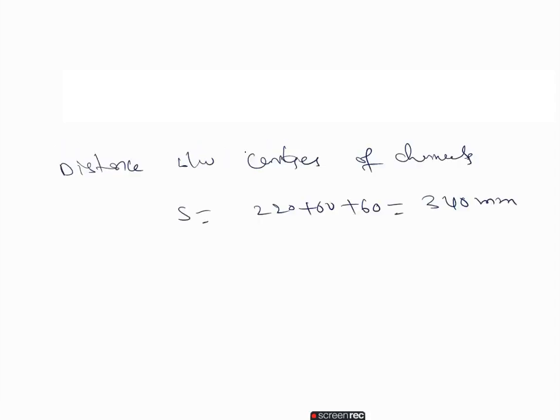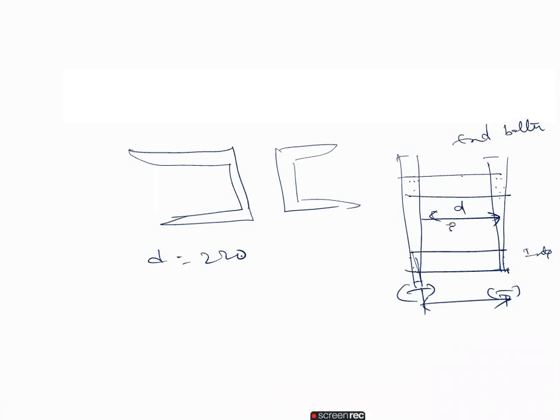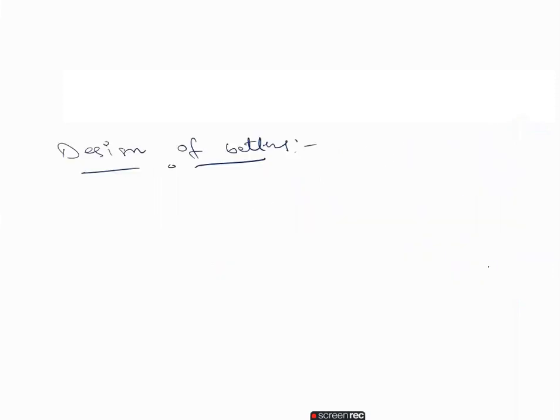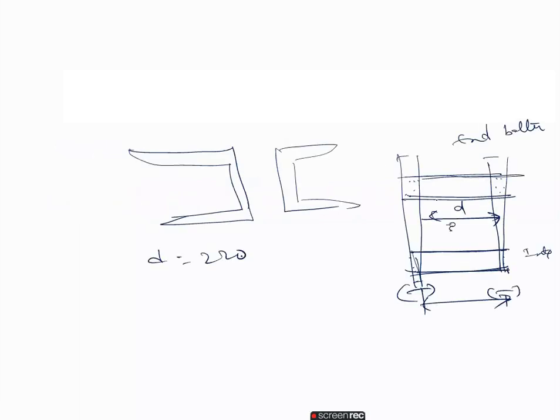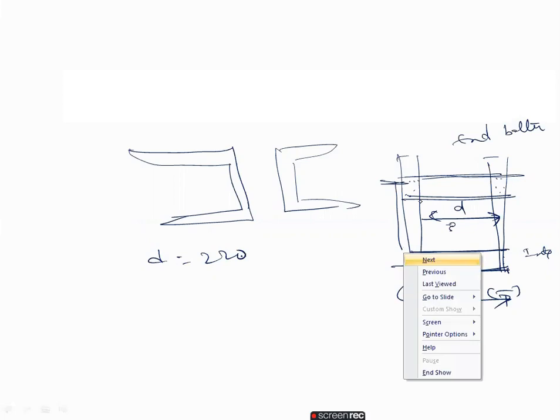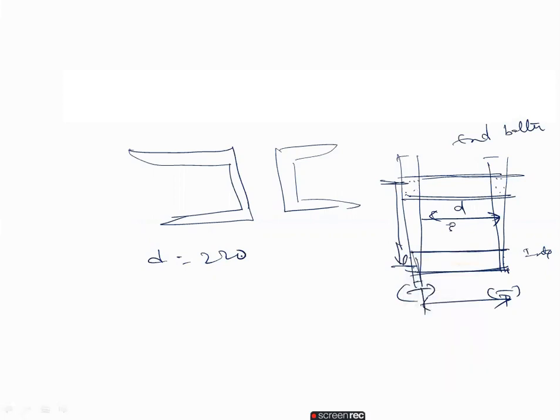If you observe this diagram, this is the end batten, and this is the intermediate batten. Let us take C to be the spacing of the batten. I will show you in the diagram: from here to this batten, this distance we call the spacing.